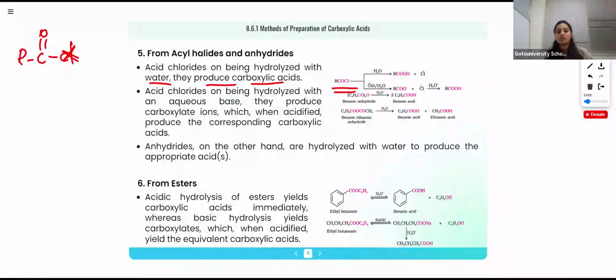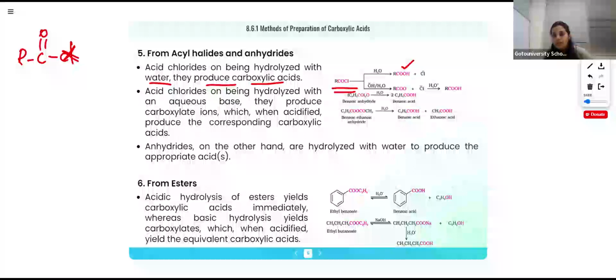Okay, so what you have to do? These acid chlorides react with water, meaning they are hydrolyzing. So what is the product you are getting? Directly doing the hydrolysis reaction, you will get the acid. Otherwise, what you can do?